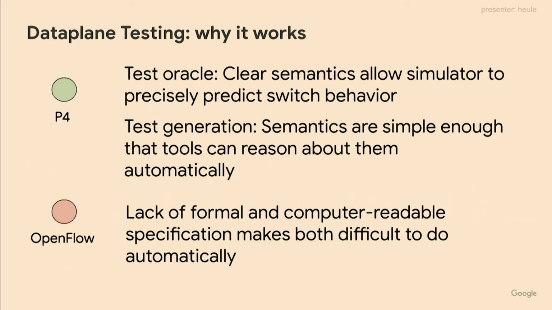On top of that, the semantics are simple enough that we can do all kinds of fancy tricks, like using these SAT solvers. We can ask questions like, say I want a particular output packet, maybe one that goes out a specific port. What kind of input packet do I need to get that output packet? So it's almost like running the P4 program in reverse, which is pretty cool.